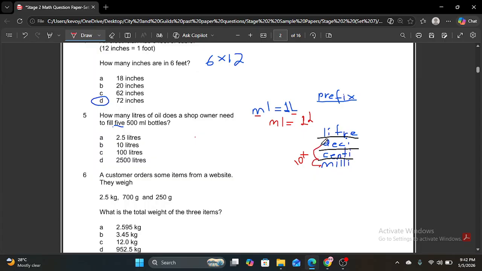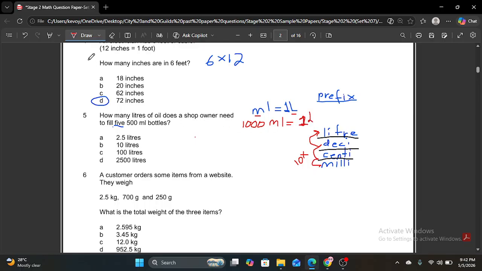From centi to deci, that's 100. And from deci to liter, that's 1000, because every time we go up, we multiply by 10. So 10, 100, 1000. Therefore, 1000 milliliters is equal to 1 liter.